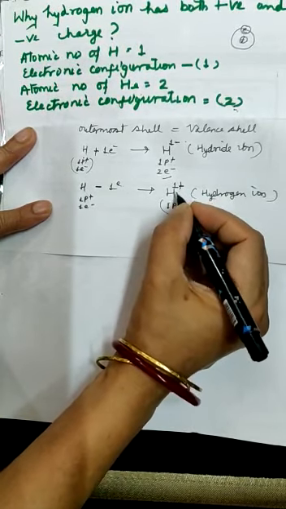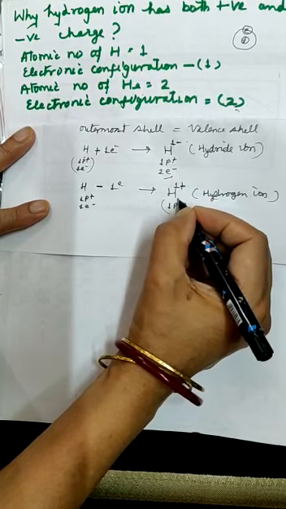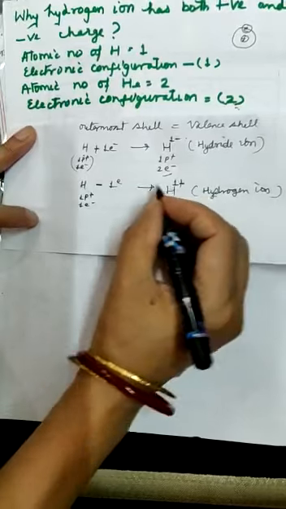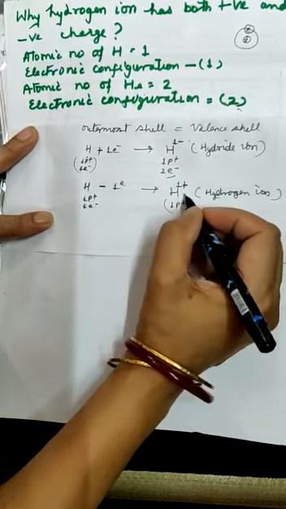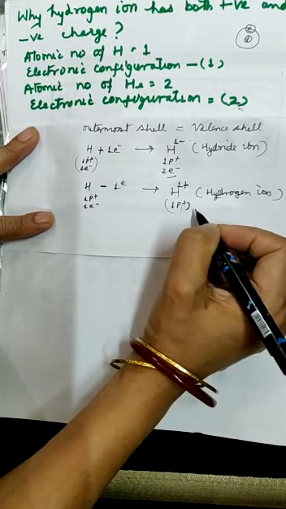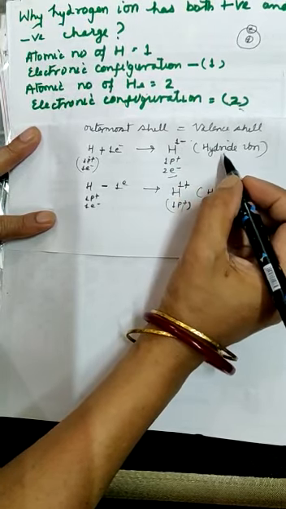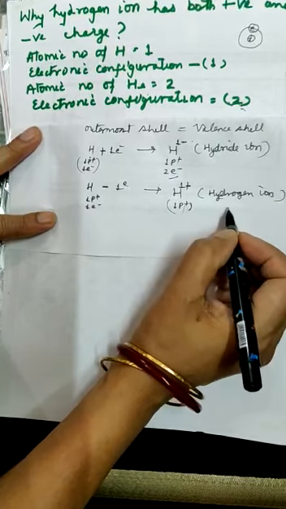Charge of 1 proton comes on the hydrogen atom, and then the hydrogen atom is no more an atom but an ion. So what is the difference between atom and ion? An atom has the same number of protons and electrons, but ions have an unequal number of protons and electrons. If they have an extra electron, then they become negatively charged. If they have fewer electrons than protons, then they become positively charged.